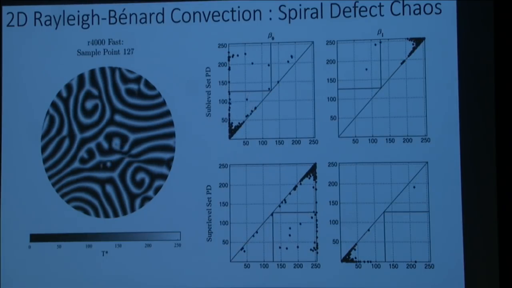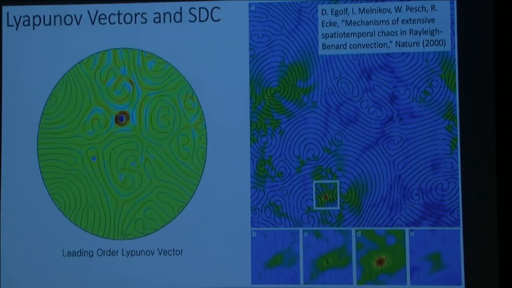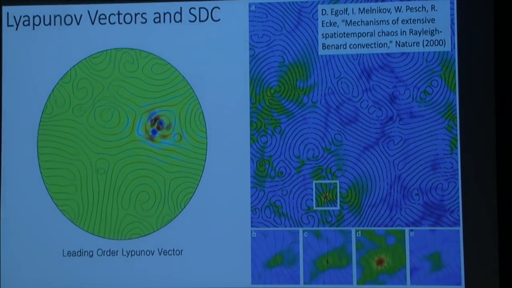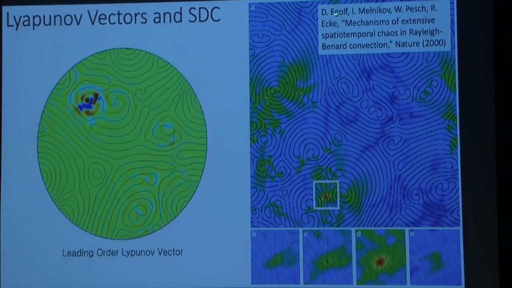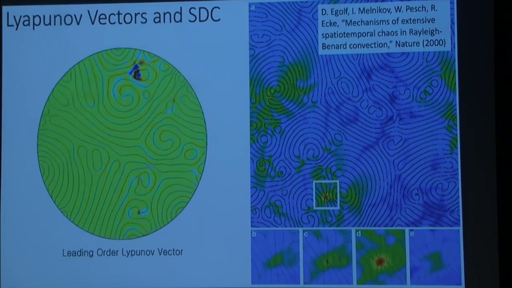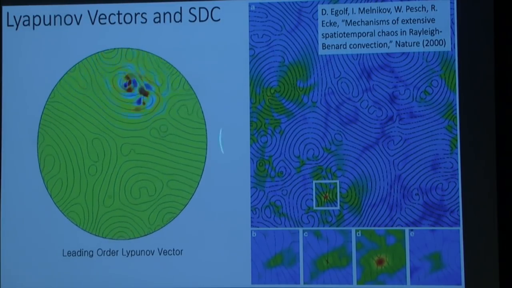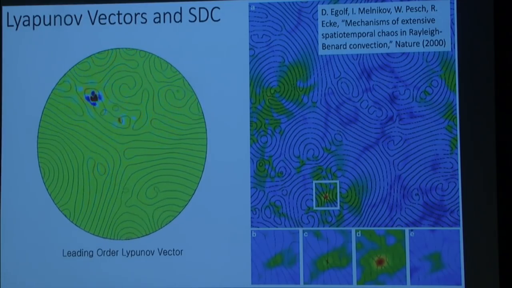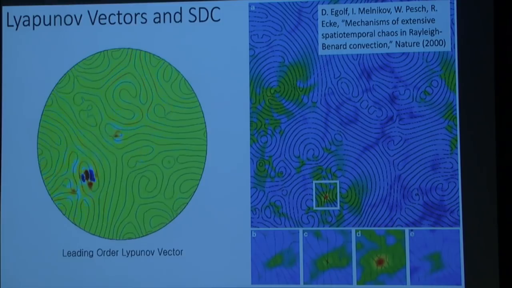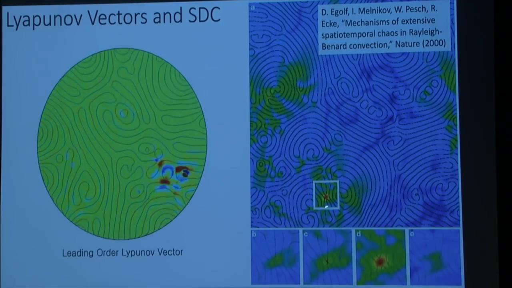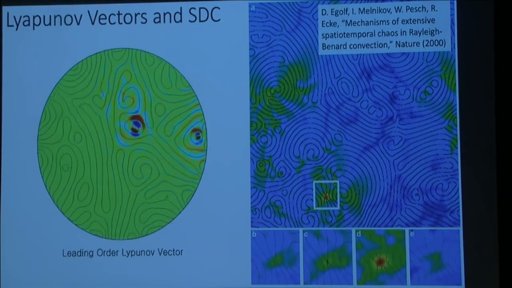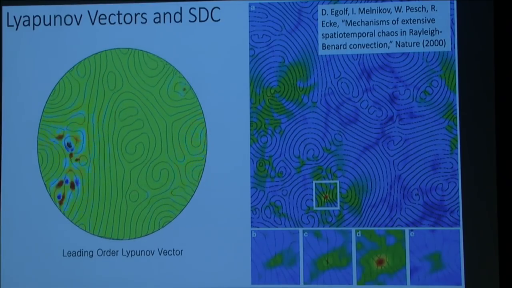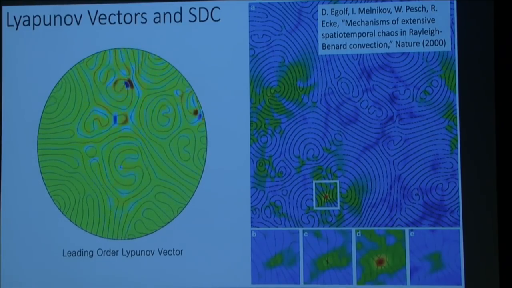Why do we want to do that? So the problem from the physics community comes from essentially this observation back in 2000 that when you have this spiral defect chaos, the leading order Lyapunov vector will tell you where on the domain locally the pattern is most sensitive, in, say, a local perturbation change, how that affects the long-term dynamics.